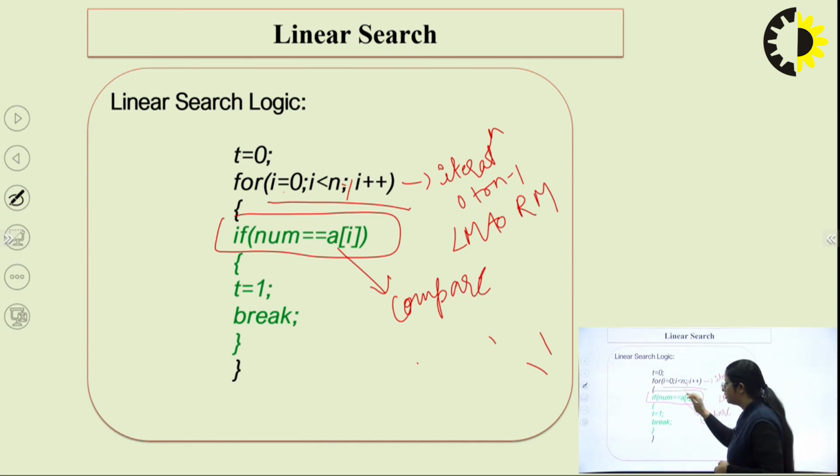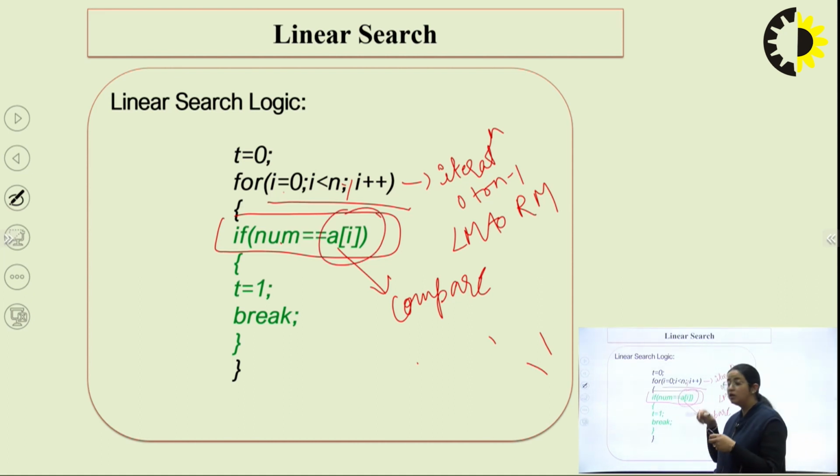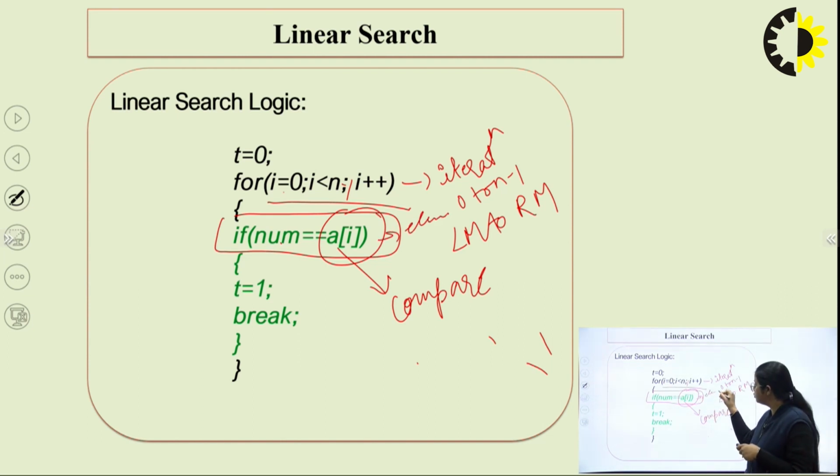We compare the number that we want to find with the element at each position of the array.